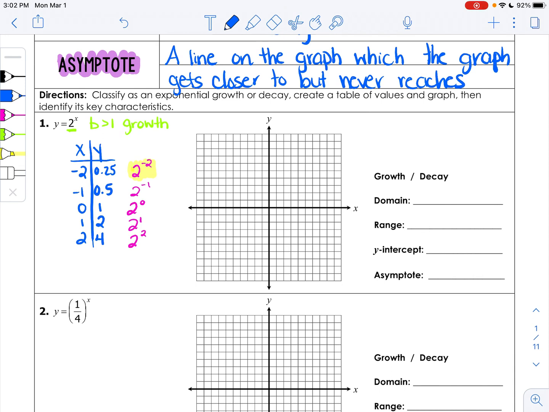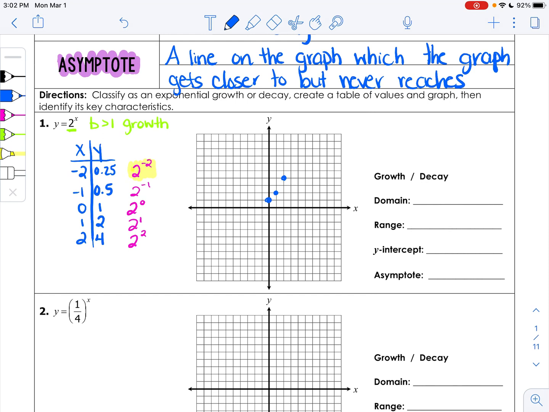I'm going to start at the bottom of my graph and graph those whole numbers first. So my point 2, 4, starting at my origin, going over 2 and up 4. The next point, 1, 2. Again, starting at the origin, going over 1, up 2. 0, 1, staying at the origin and going up 1.